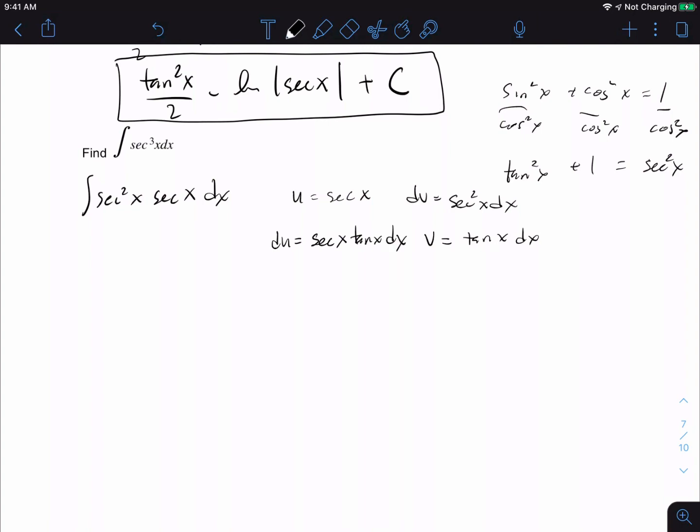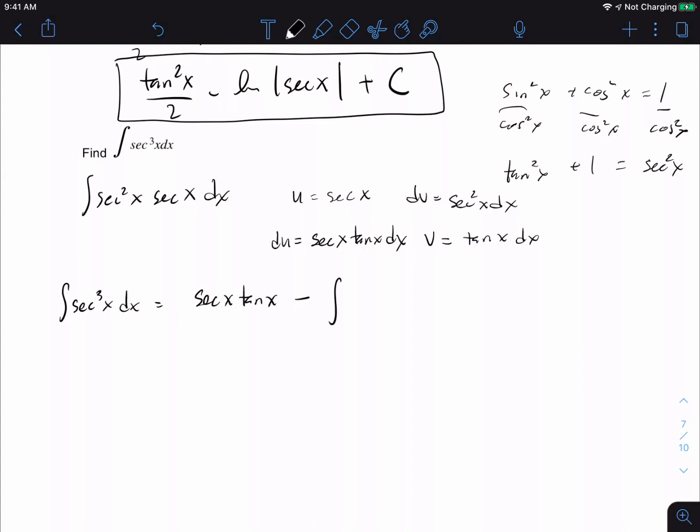So then from here, what I'm going to end up getting is this secant cubed x dx is going to be equal to u times v, which is going to be secant x tangent x minus the integral of v du.